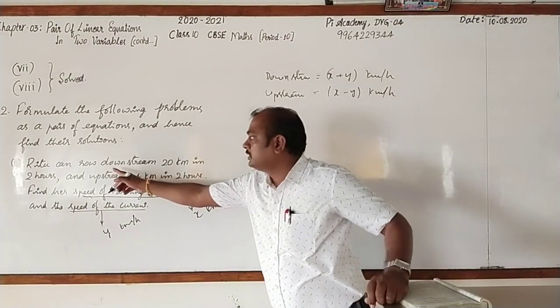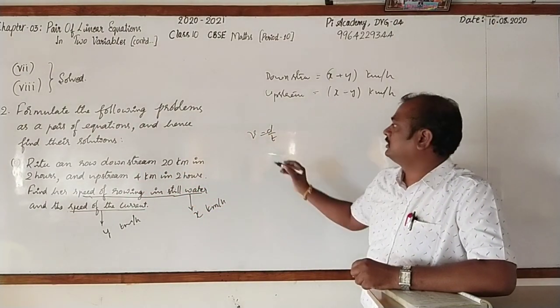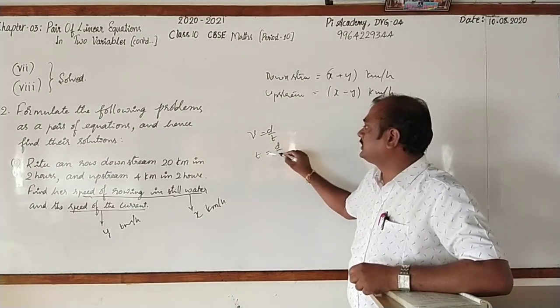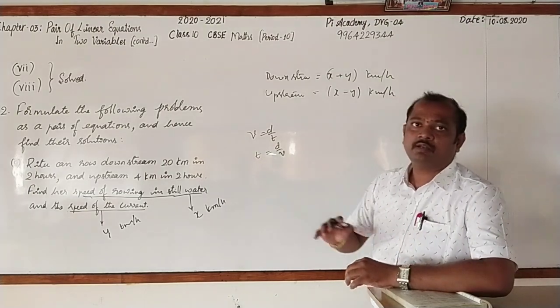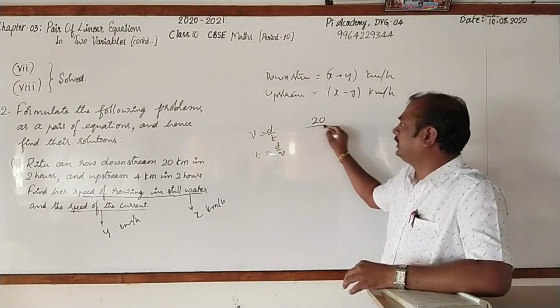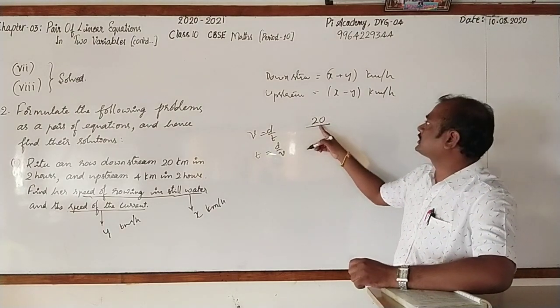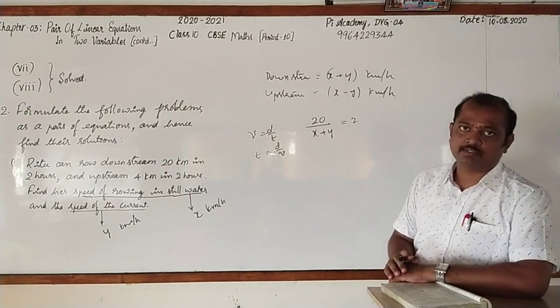See, she can row downstream 20 kilometer in 2 hours. So, time can be written as distance by speed. In downstream 20 kilometer in 2 hours. Then 20 kilometer is to be covered with the speed of x plus y in 2 hours.